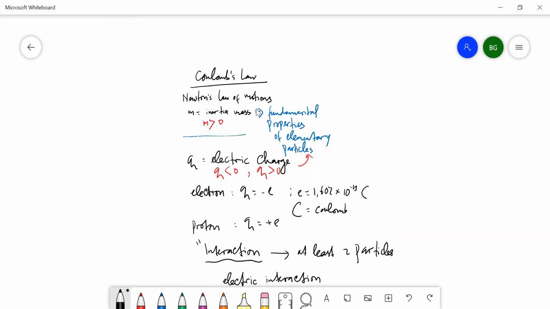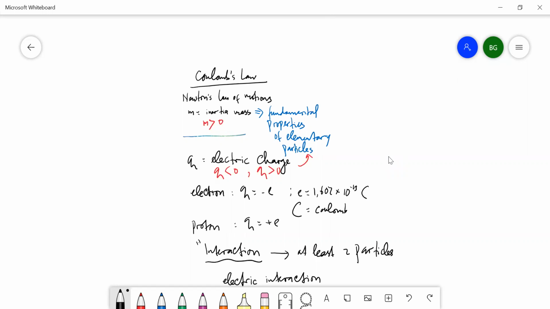Basically, this mass is an internal or intrinsic property of so-called elementary particles. The elementary particles are basically the building blocks of our universe.